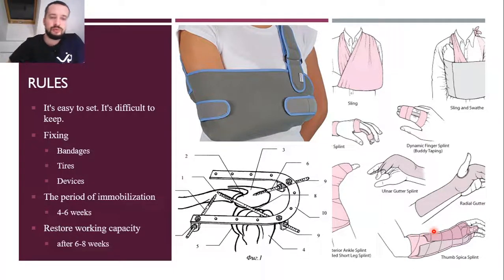The period of immobilization with all conservative methods is 4-6 weeks. Subsequent rehabilitation treatment allows you to restore your ability to work after 6 or 8 weeks. The effectiveness of such treatment is 50%.